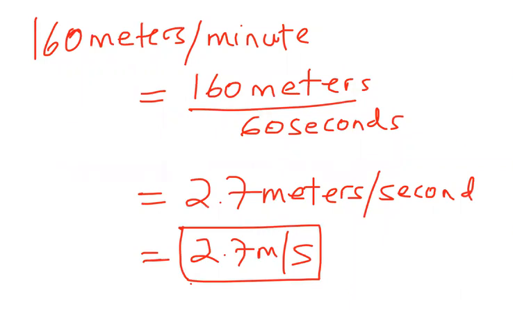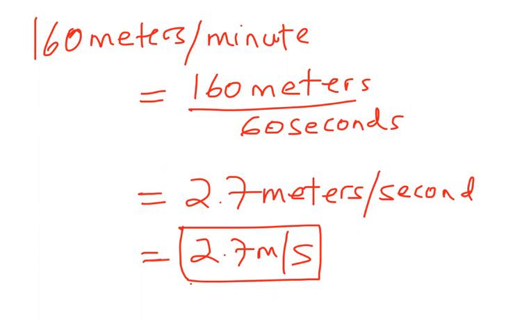We know that there are 60 seconds in 1 minute. If you divide 160 meters by 60 seconds, you get 2.7 meters per second. That means you cover 2.7 meters every second. That's pretty much walking fast, a little bit like running. So 2.7 meters per second.